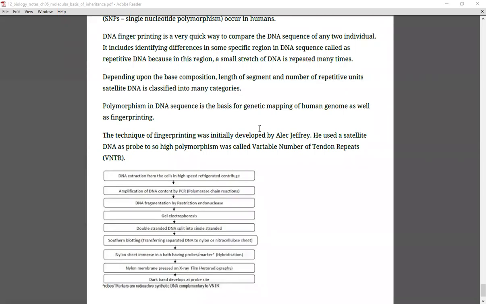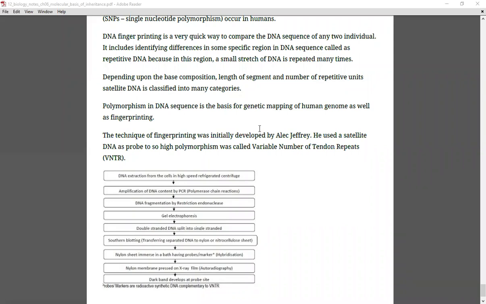Then it includes identifying differences in some specific regions in the DNA sequence, which are called repetitive DNA, because in this region a small stretch of DNA is repeated many times. So in both the DNA sequences, there is presence of some regions where differences are observed, right?